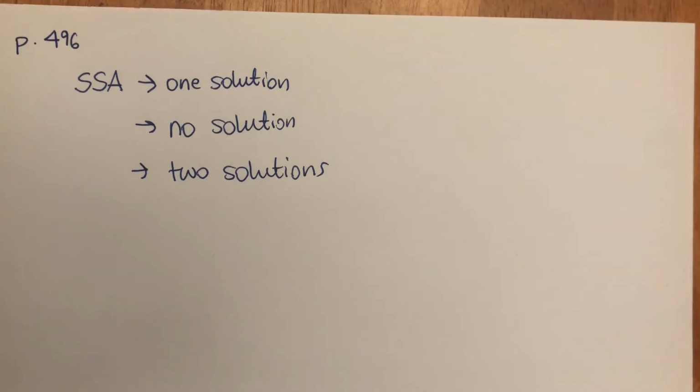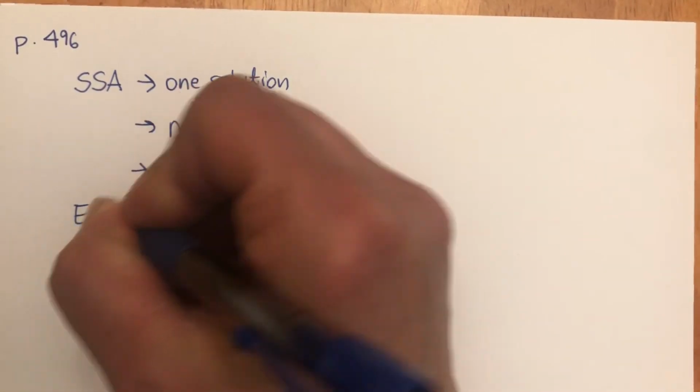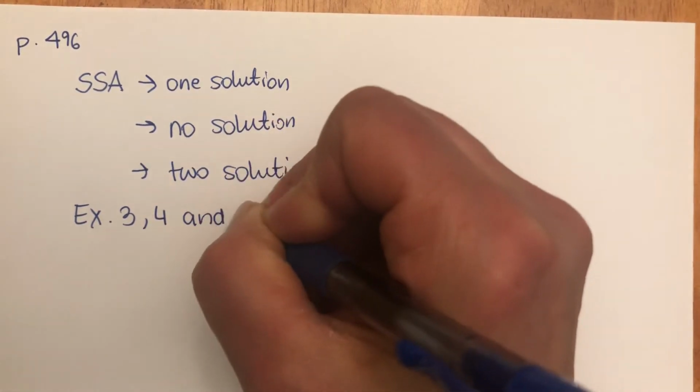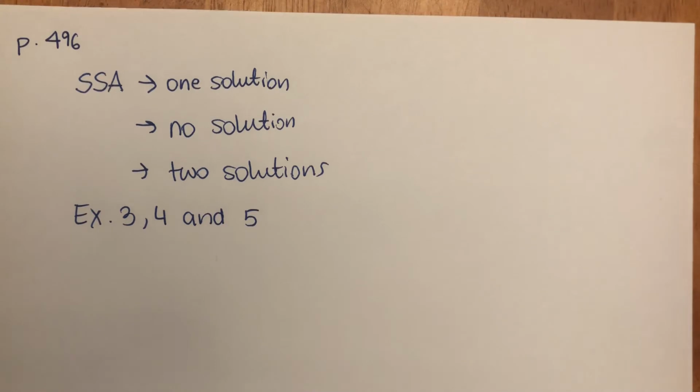Please analyze example 3, 4, and 5. And analyze the blue definition box on page 496, and that explains what is going to happen and when.